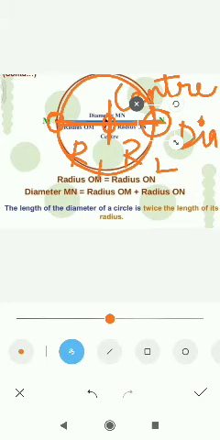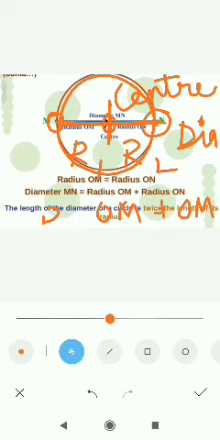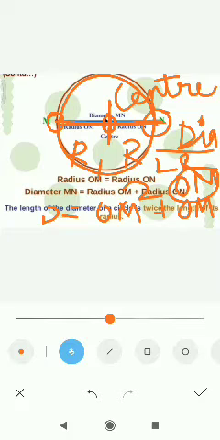So, diameter is equal to OM plus another OM. So, 2 times OM. What is OM? OM is the radius. So, diameter is equal to 2 times the radius.